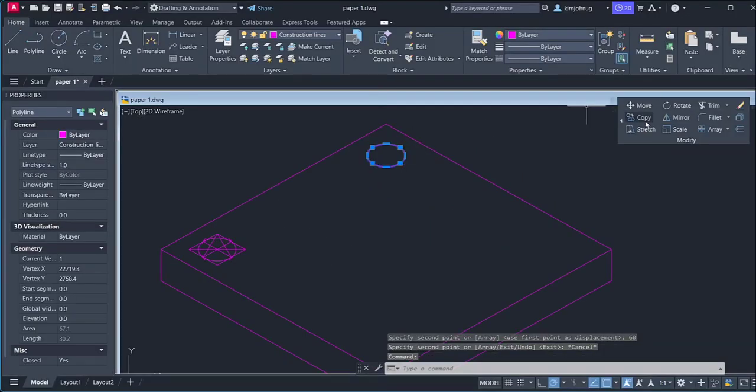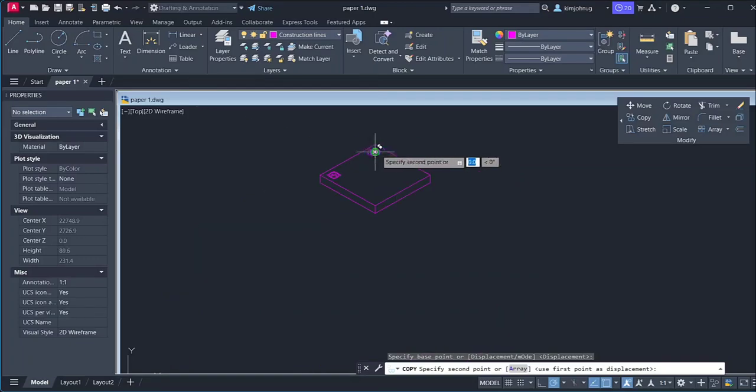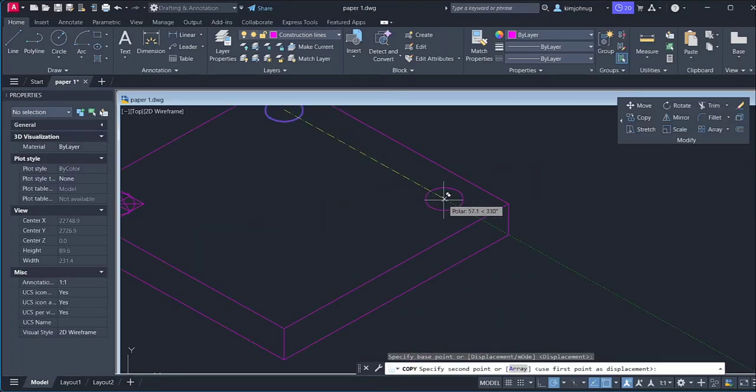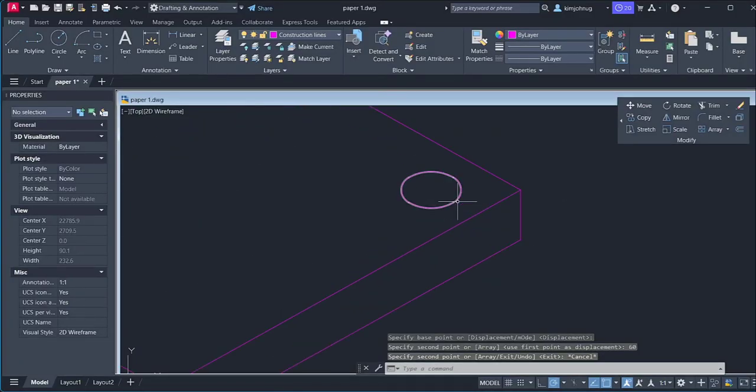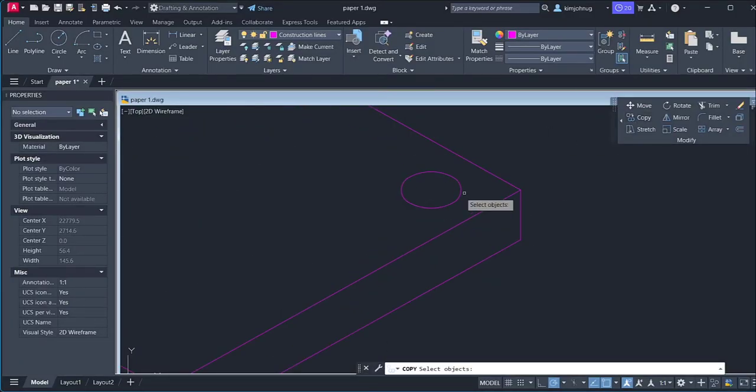I'm going to do the same thing for this. Whenever I join a figure, it gives us a center. If I want to move something, I say copy. This center here, whenever a figure is joined, is called an isometric center. It's called the shape center of a joined figure.